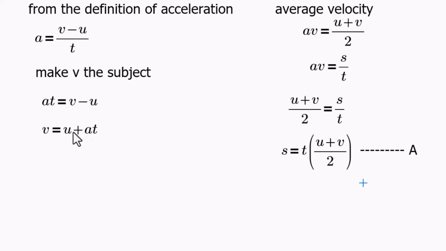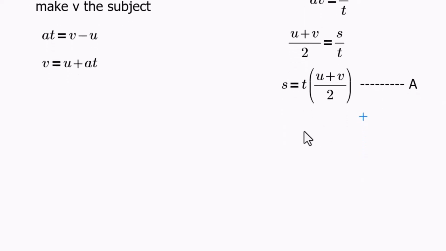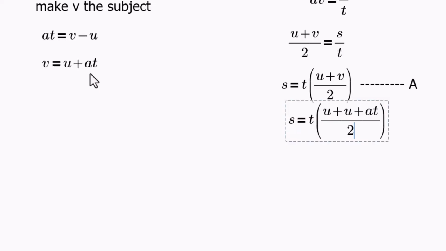So I substitute U plus AT into this place, replacing V. So I'm going to have S equals T, then you open your bracket, U plus, now remember V is being replaced with U plus AT, so it's now U plus AT. And everything here, don't forget, divided by 2.